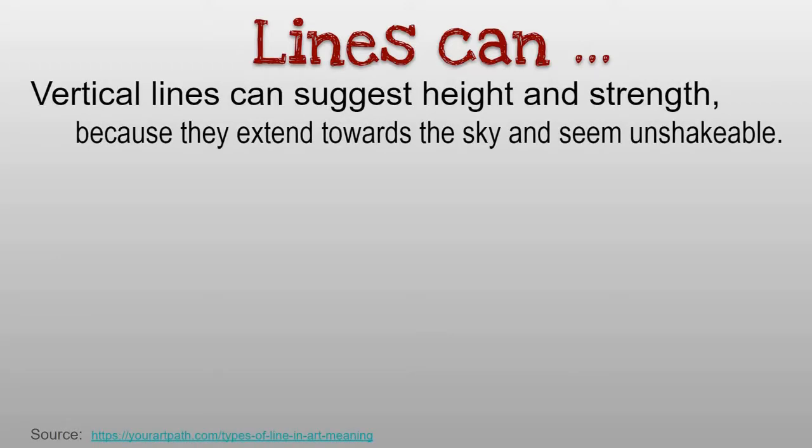Another thing to think about is how lines are used in art to express certain ideas or feelings. For example, vertical lines can suggest height and strength because they extend towards the sky and seem unshakable.